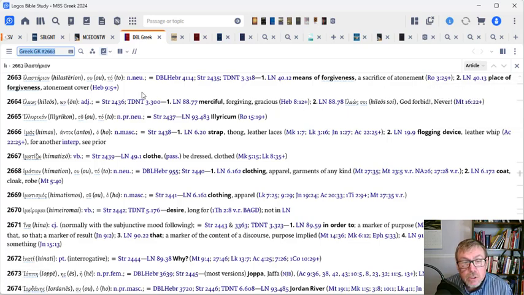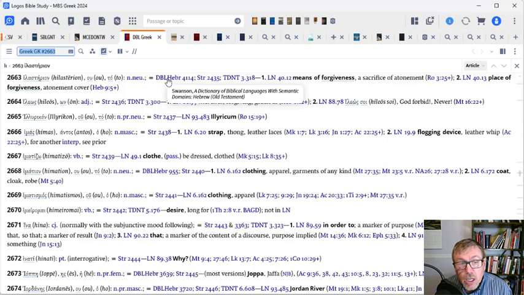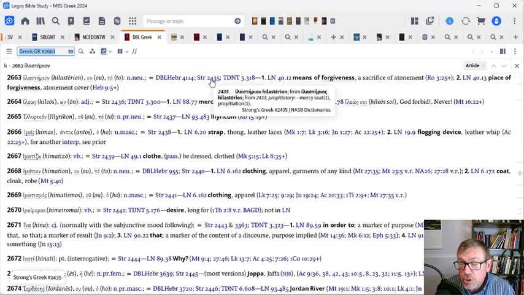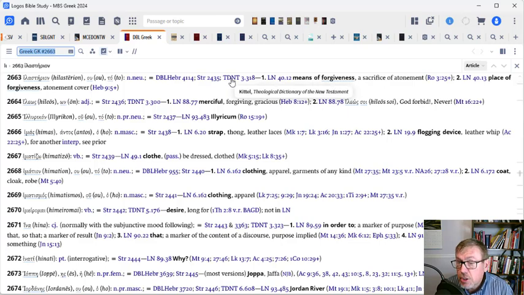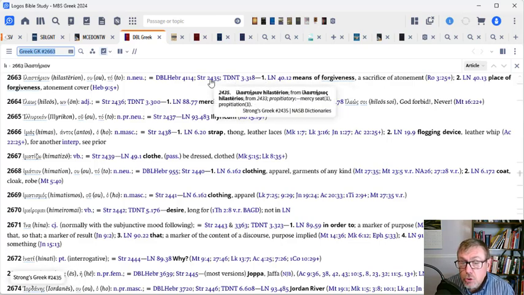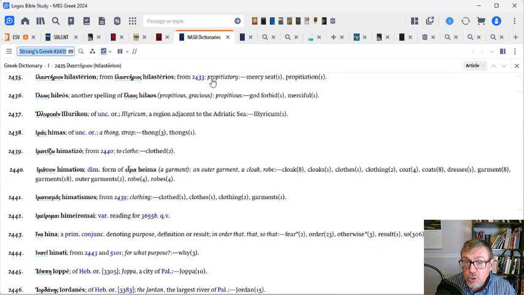But what's interesting here is that he's listing other resources. So here's our Strong's dictionary, and here's the Theological Dictionary of the New Testament. We can click on Strong's and get our Strong's definition. And mercy seat and propitiation is what Strong's is saying.